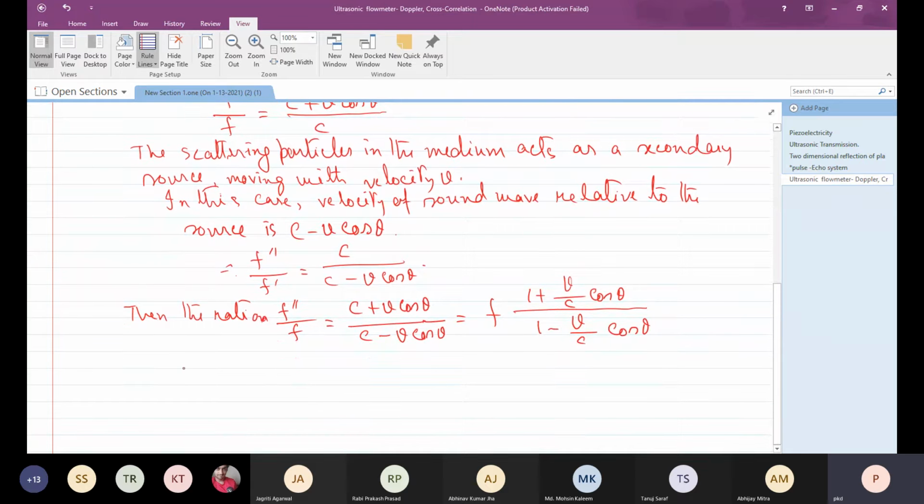Now we can expand this, assuming v by c is less than 1. So 1 by 1 minus x can be expanded as 1 plus x plus x squared plus x cubed, and so on.